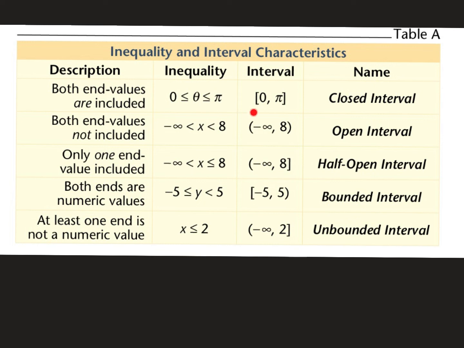Infinity can never be a closed interval because there's no set value for infinity. If they are numbers, but you've got one of each, that's just a bounded interval. And if you just have x is less than 2, then you know that it's going from negative infinity to 2. That's an unbounded interval. Basically, if it has the equal to, it's a bracket. If it doesn't, it's a parenthesis.